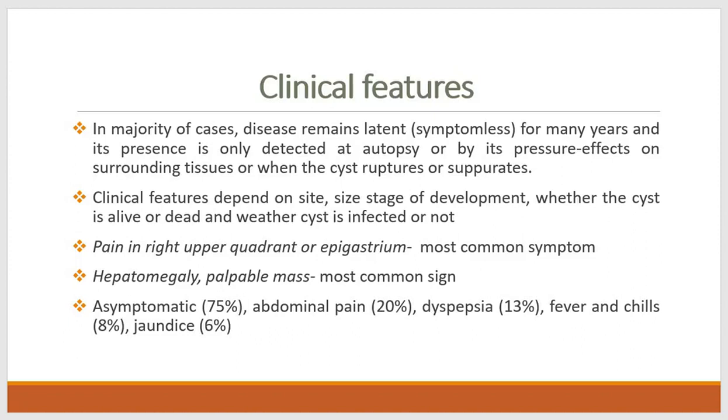Pain in the right upper quadrant or epigastrium is the most common symptom found, and hepatomegaly and palpable mass are the most common signs. The disease is asymptomatic in 75% of cases, abdominal pain is found in 20% of cases, dyspepsia in 13%, fever and chills in 8%, and jaundice in 6%.